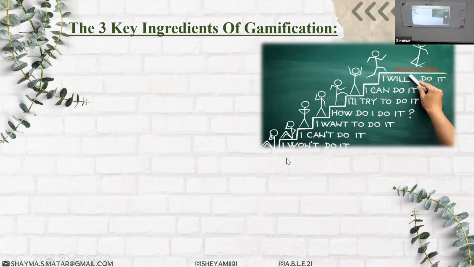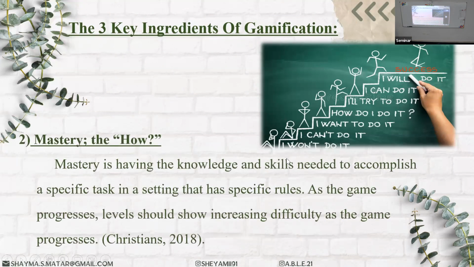Okay, number two of the three key ingredients is mastery. Mastery is basically the how. When I say the how, I mean mastery is having the knowledge and the skills needed to accomplish a specific task.